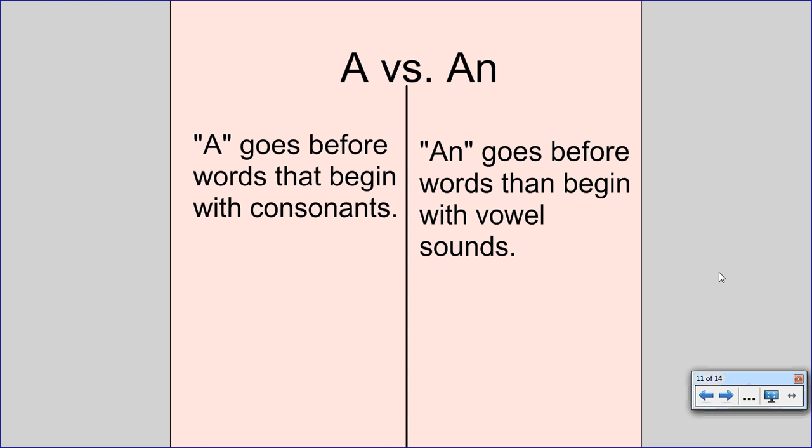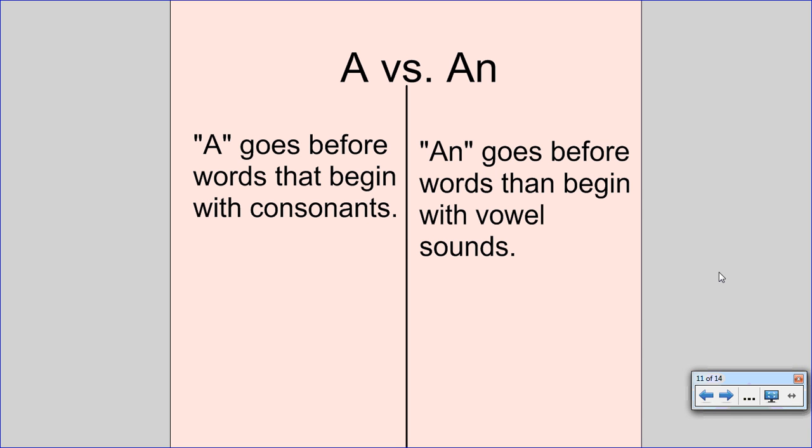Now, this is another one of the more common mistakes that we see. The letter a goes before any consonant sound. Anytime you have a consonant sound, it's the letter a: a shoe, a computer, a glass, a cup. However, anytime that the noun after the article begins with a vowel sound, you will then use an.